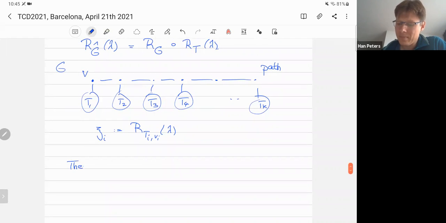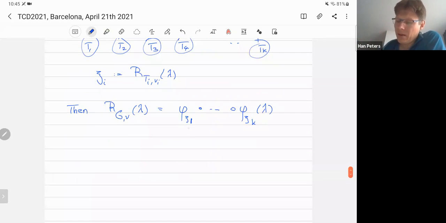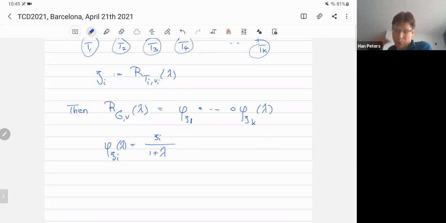Then our G_V of lambda is the composition of a number of functions, where these xi's are the parameters of these functions. So phi is just a Möbius transformation, where psi is the parameter.